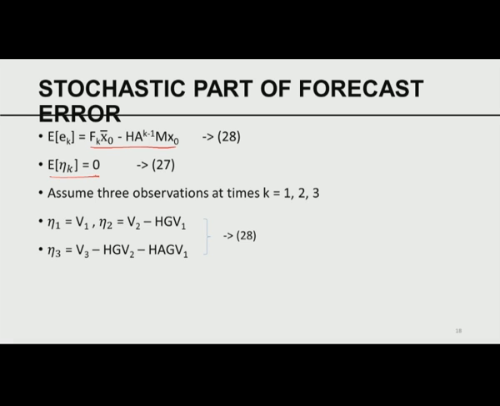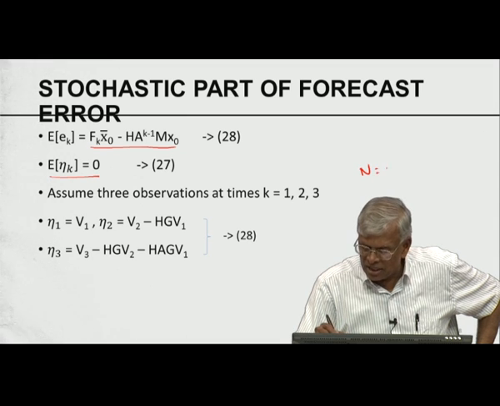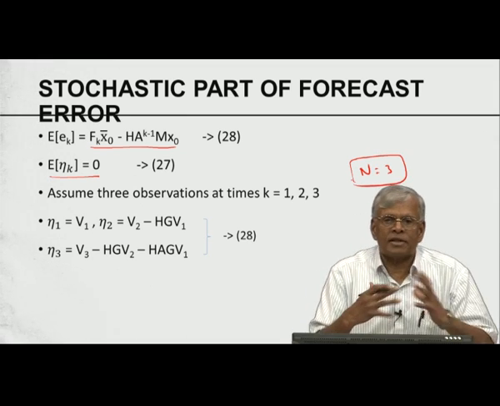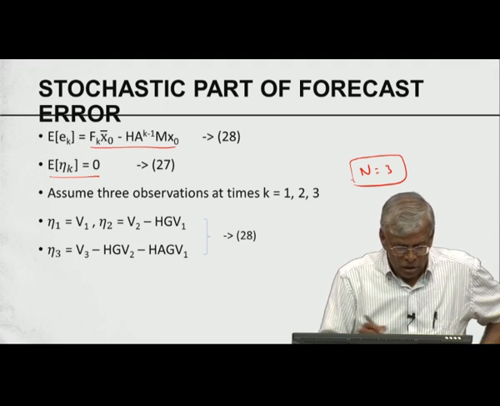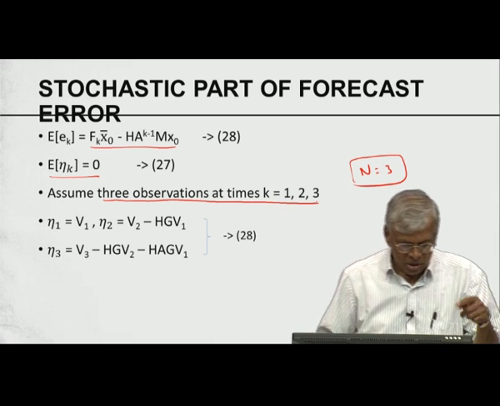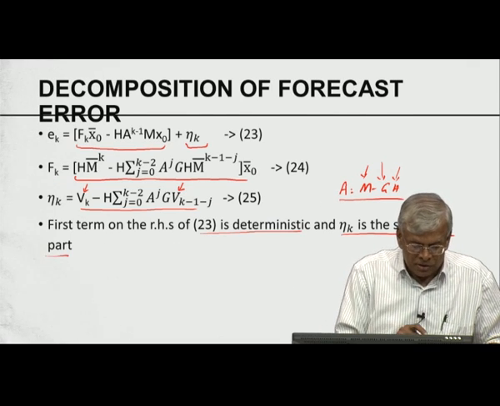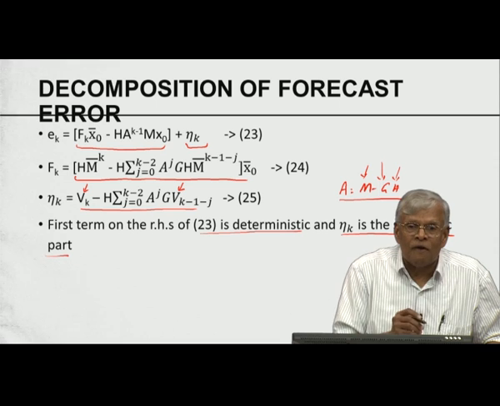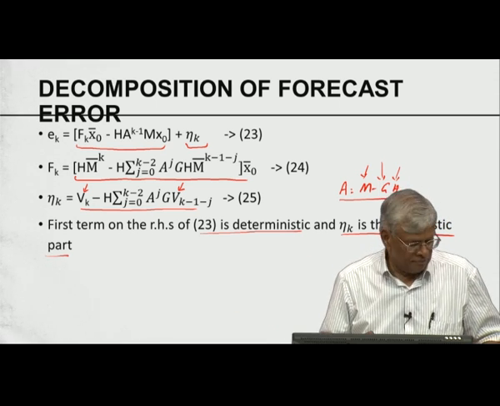Now if I assume a general value of n, the expressions get more complex. So instead of n, I am going to assume n is equal to 3 to just get a feel for the expressions in this quick discussion. So let us assume I have 3 observations at time k is equal to 1, 2 and 3. The previous expressions go for k from 1 to n, where n is the last observation time.